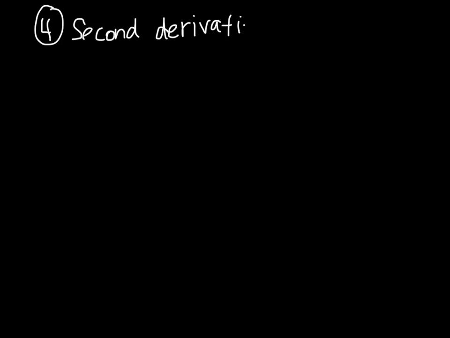To look at the second derivatives, for this we are going to need those coefficient relationships. So I'm just going to write them down again so that we have them here.